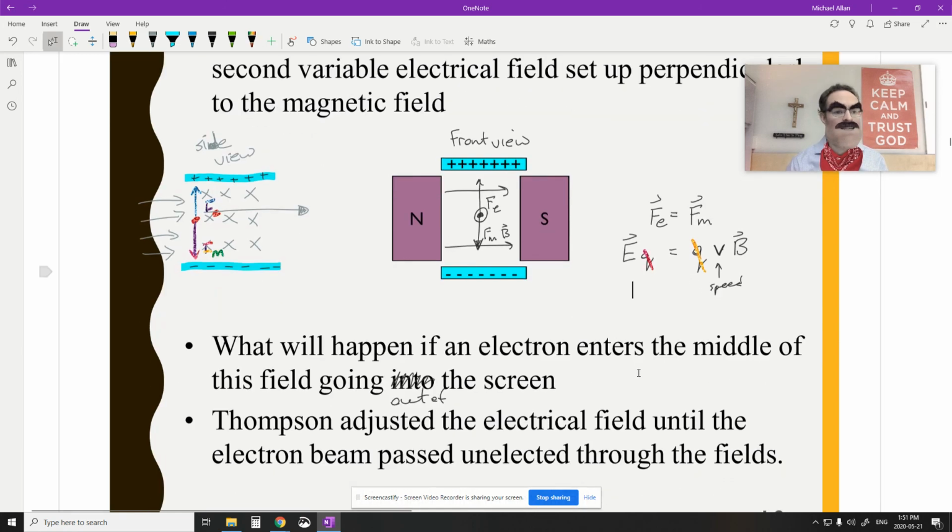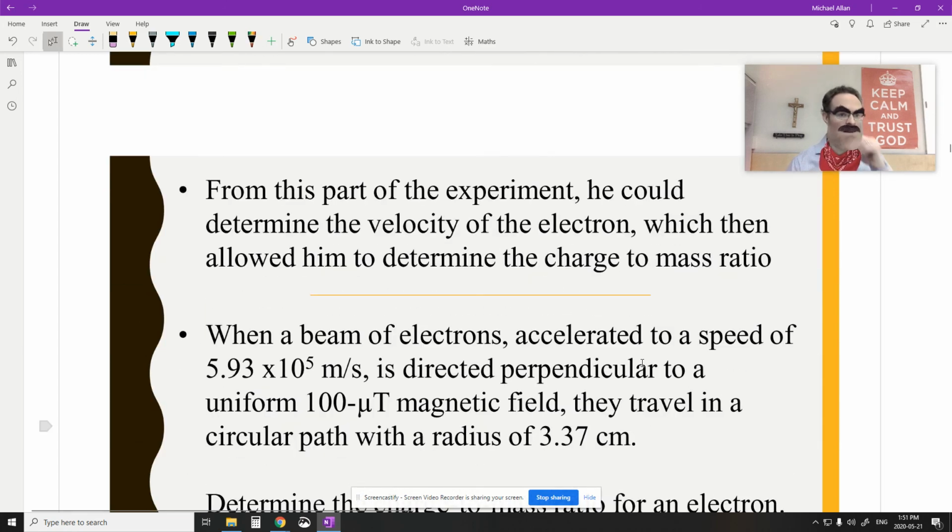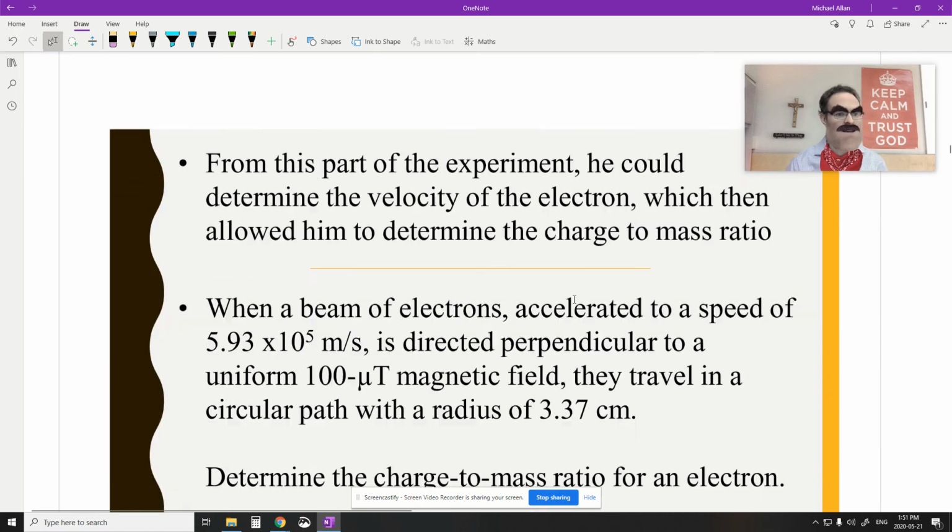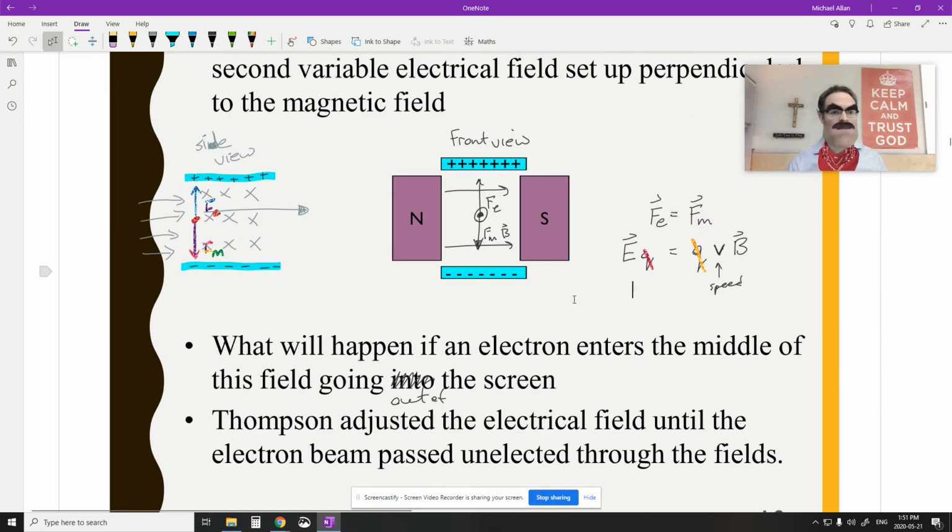So it doesn't actually matter what the charge is. Does it matter if the charge is positive, negative, or 2 coulombs or 1 coulomb? It does matter if it's positive or negative, because if it's positive, it deflects downwards. That's a different story. But it doesn't really matter what the size of the charge was. It would just cancel out.